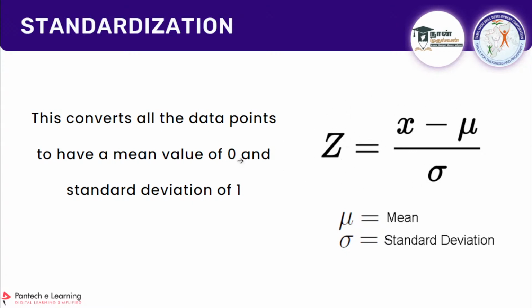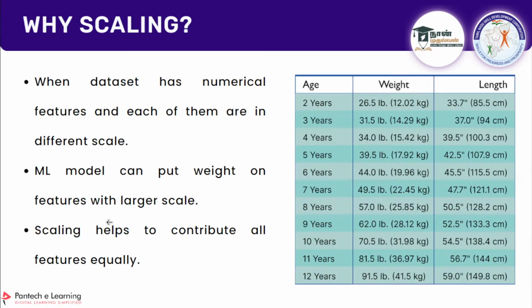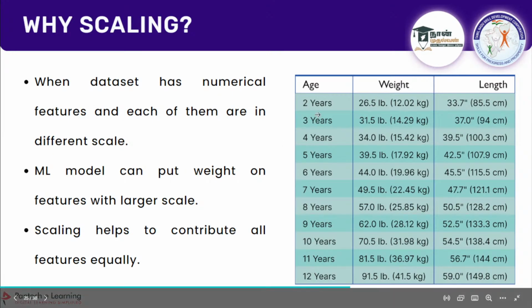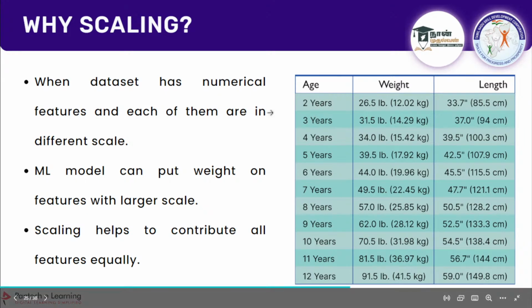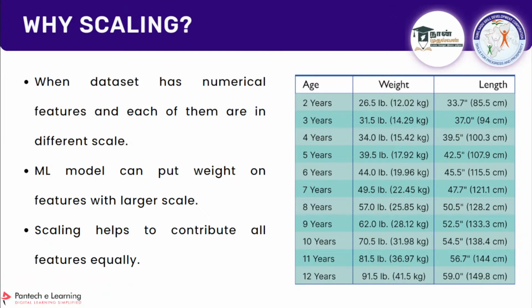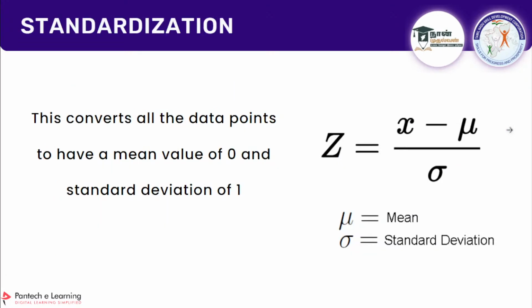This output will have a mean value of 0. When I scale using this standardization, it is going to have a mean value of 0 and the standard deviation will be 1. One by one it is going to be separated from the middle value, so it is going to convert them in that range.